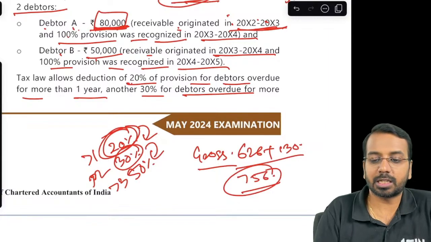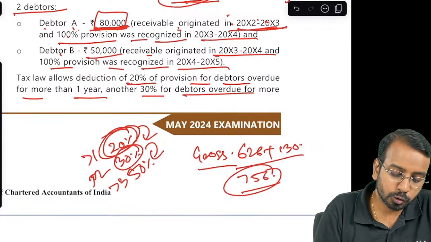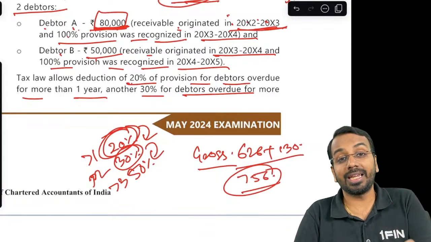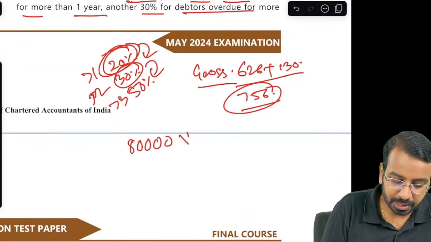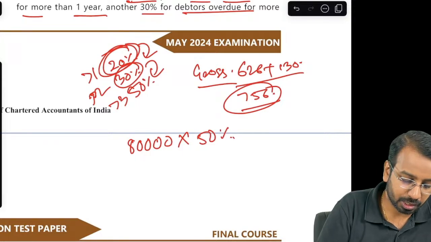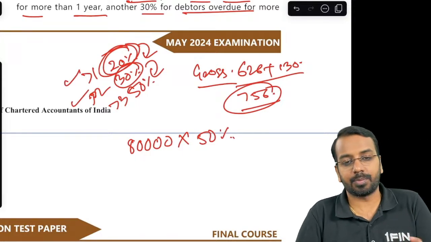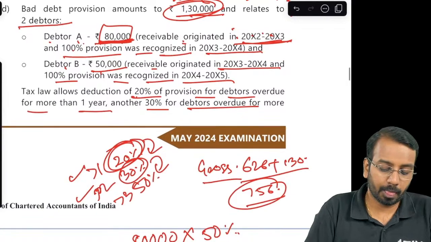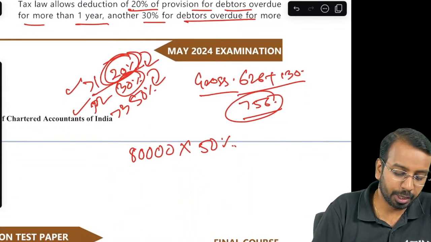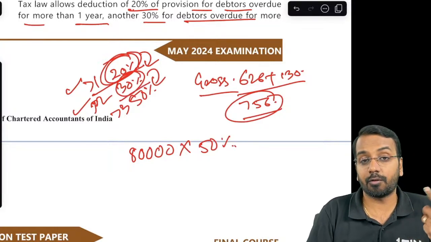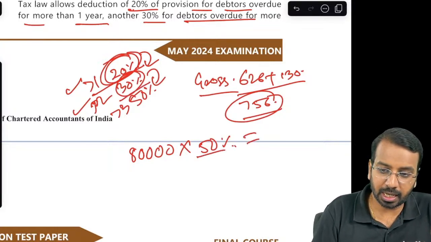When 2 years pass by, you can claim another 30%. So it was originated in 2, 3, and now we are in 3, 4 and 4, 5. So for debtor A, 80,000 into 50%: 20% for more than 1 year, 30% for the second year. So 50% you will charge, that is 40,000.